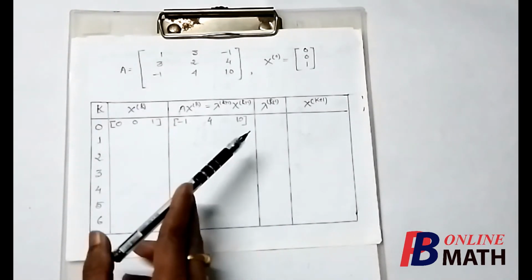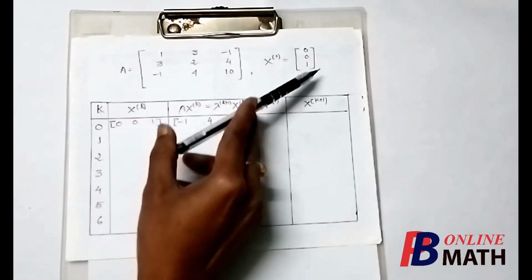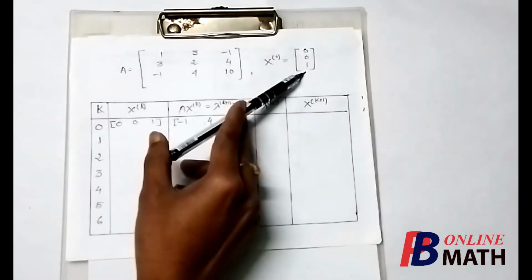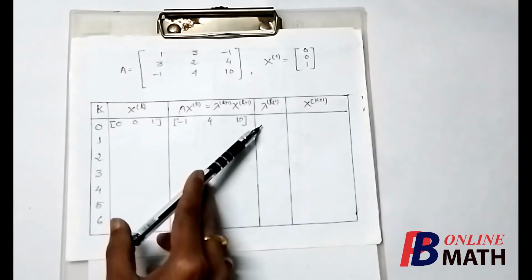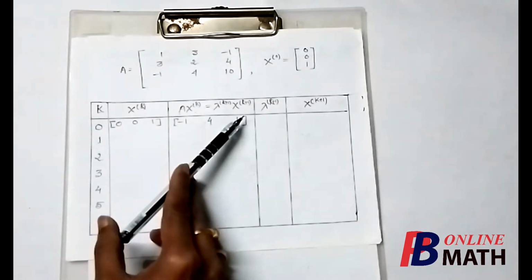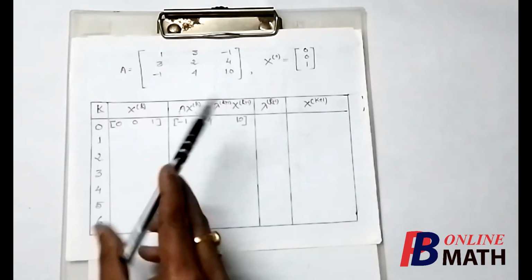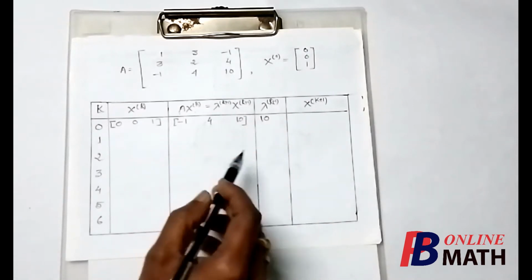Now since we have selected x0, that is 0 0 1 as the initial eigenvector, and we have considered 1 in the third place, the first approximation of the eigenvalue will be the last component of this column vector. So this 10 will be the first approximation of the eigenvalue.